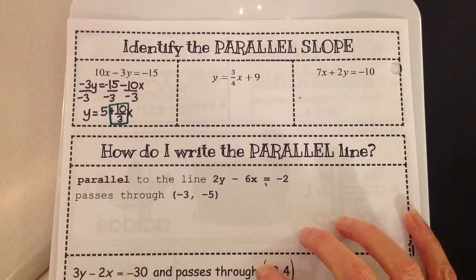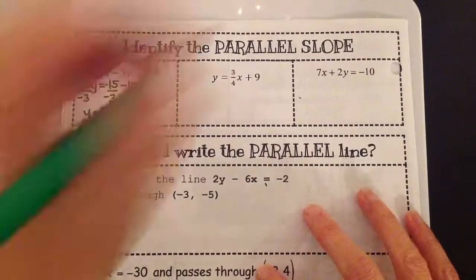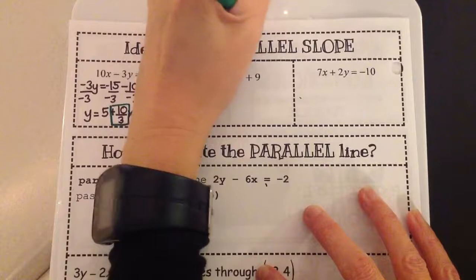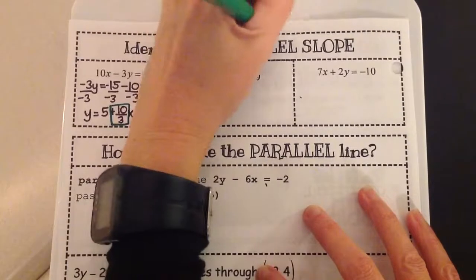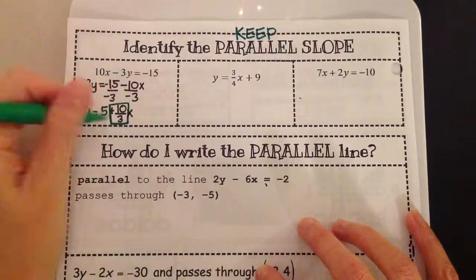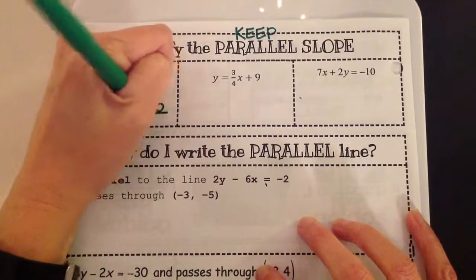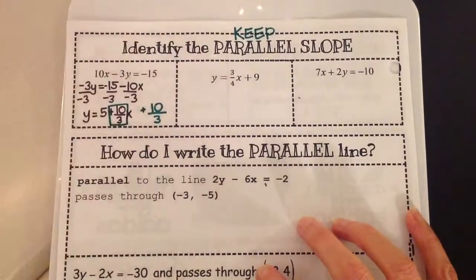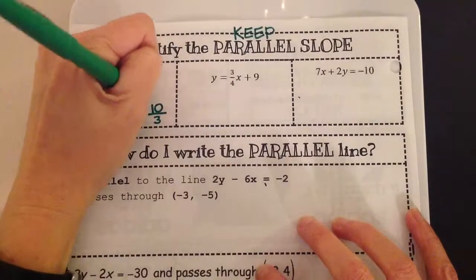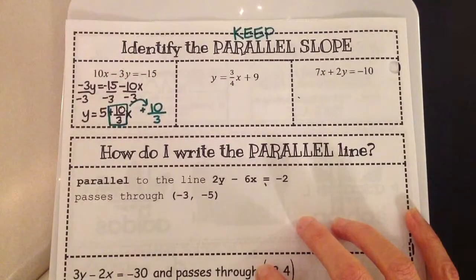Slope is by the x value, so my slope for parallel lines, they are going to keep the same slope. Okay, so if I needed a line parallel to this line, I would have to have the same slope, which means my slope has got to be a positive 10 thirds. They have the same slope. The 2 lines that are parallel have the same slope.